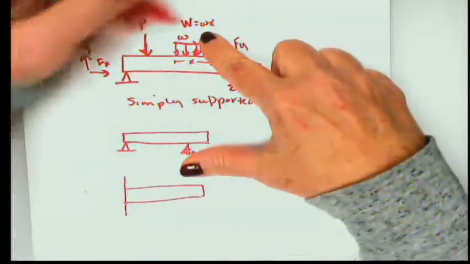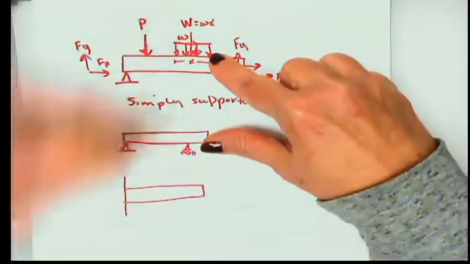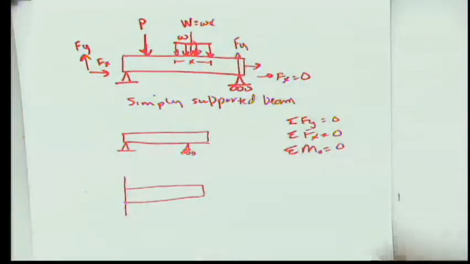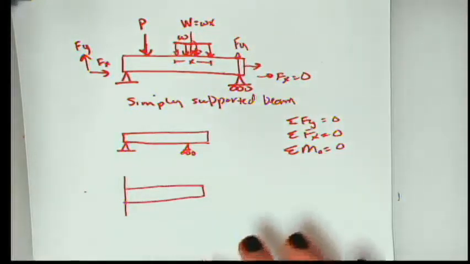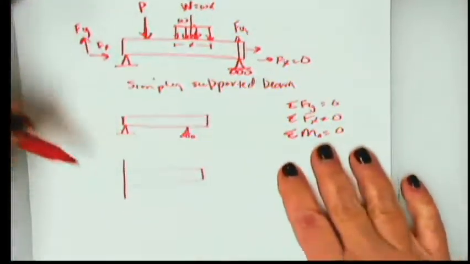And this, you can think of it in some cases as acting at the center, at the centroid of the load curve. So if the load curve is a rectangle, it's going to be smack in the center of that load curve. Now, there are other types of loading. For example, you may not have a consistent load like this.